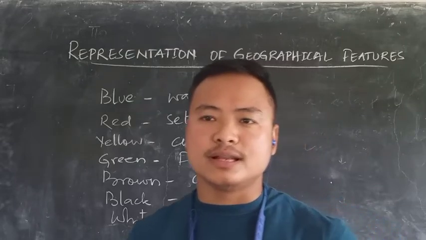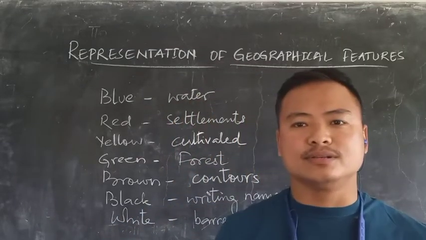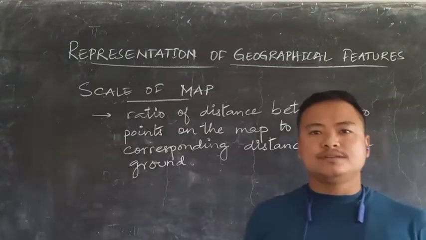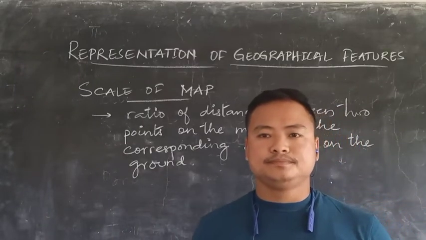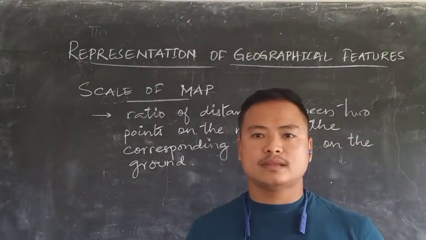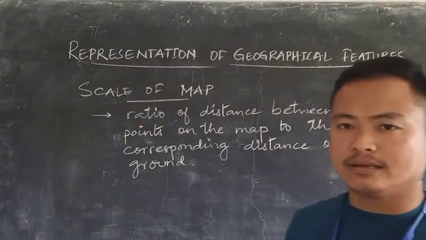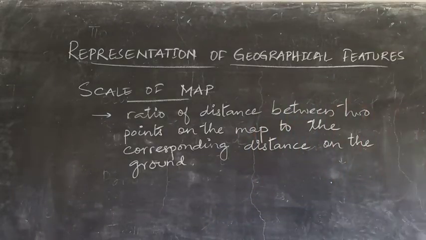So now moving on to the next topic, we will be discussing the scale of the map. Defining scale of the map, we can say it is the ratio of distance between 2 points on the map to the corresponding distance on the ground.